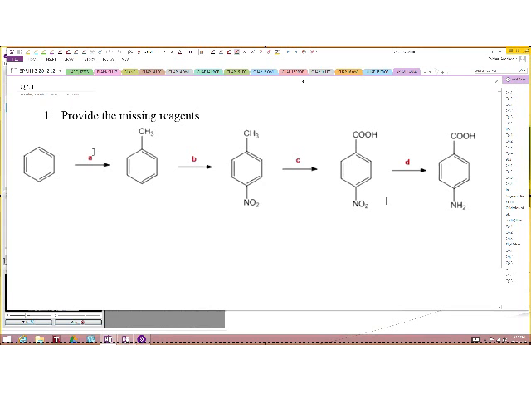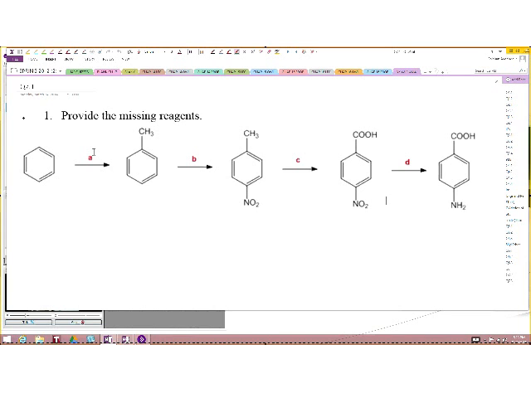Okay, Chad, can you go ahead and read this for us? Okay, thank you. This question is simply testing your knowledge of reagents.